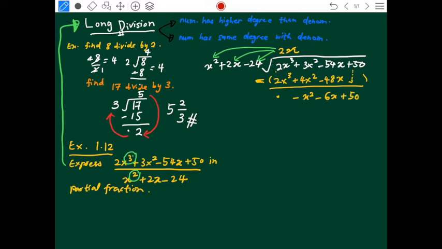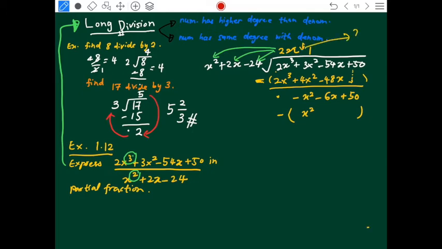Now to proceed, we need to have 1 here. 1 times x squared is x squared. We know this is negative, so what sign should we put over here?